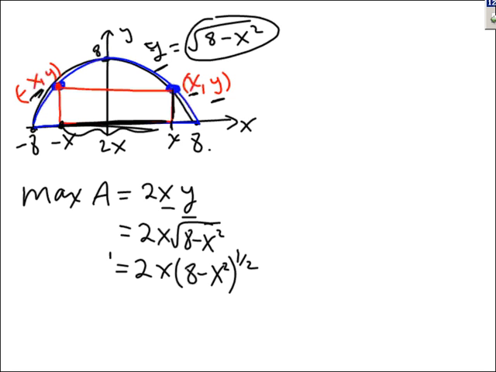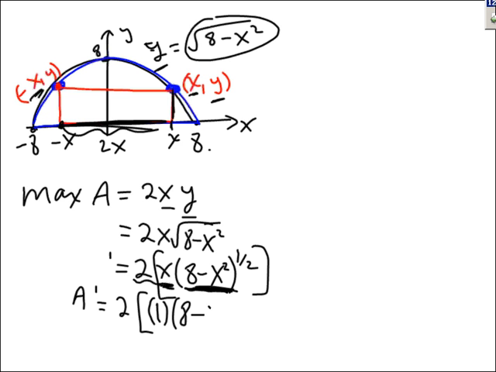So now we're going to take the derivative. We'll think of this as one function, and that to the half as the other function. In fact, we're going to factor out the 2. The 2 just stays there. One function is x times 8 minus x squared to the half. So the product rule says the derivative of the first function, derivative of x is 1, times the second function.